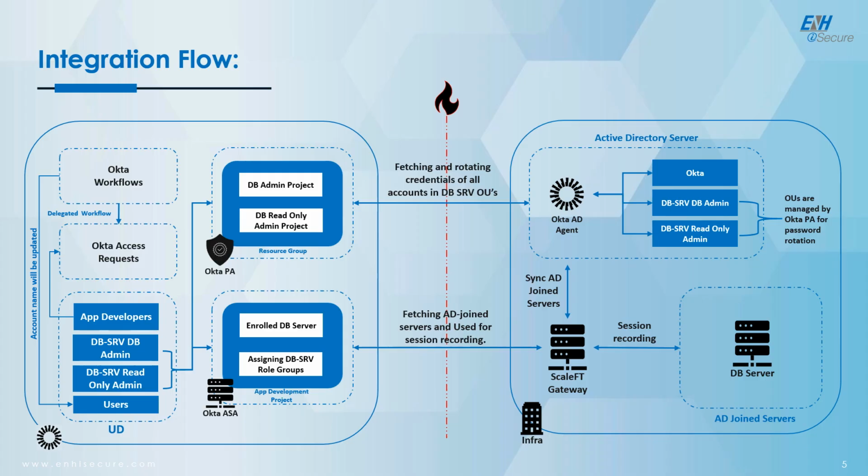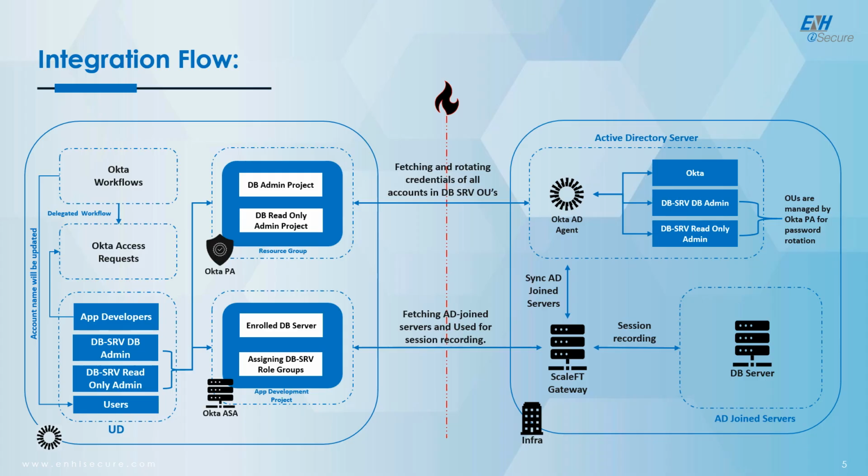Additionally, a ScaleFT gateway must be installed to facilitate secure communication with organizational servers such as the database server. By combining these Okta components, we can implement a flow that not only streamlines access management but also enhances security and compliance through automated and centralized control.